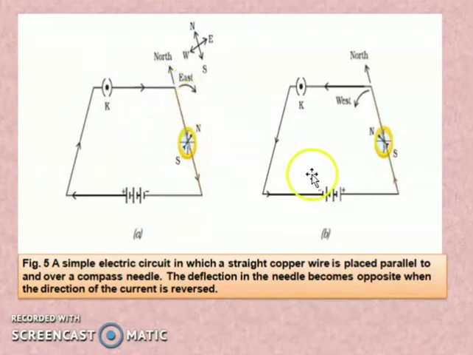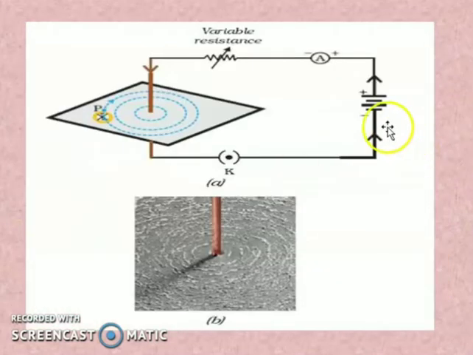If the current is changed from south to north, the deflection will be towards the west. Same thing here: when the current moves in the upward direction, the magnetic field lines move in an anti-clockwise direction. If the current is reversed, the direction of the magnetic field lines is also reversed.